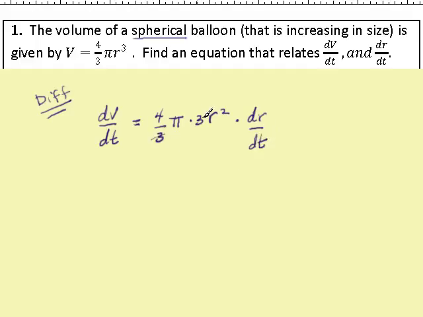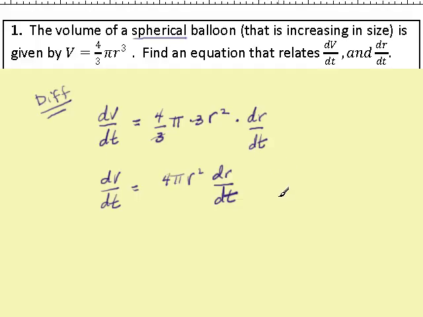We can simplify by crossing out those 3's, and we have dV/dt equals 4 pi r squared dr/dt.